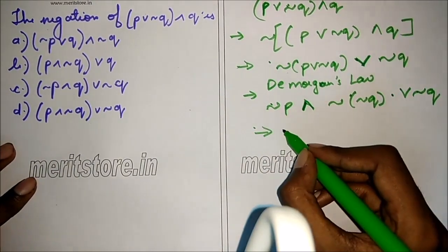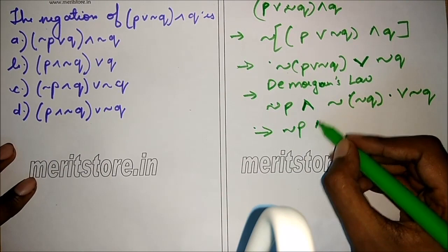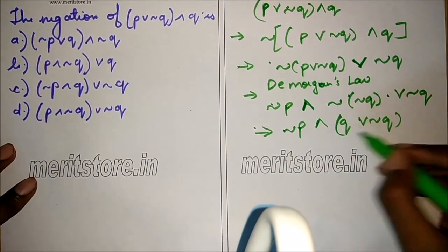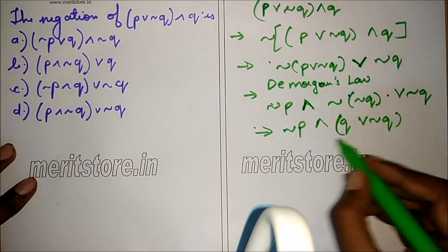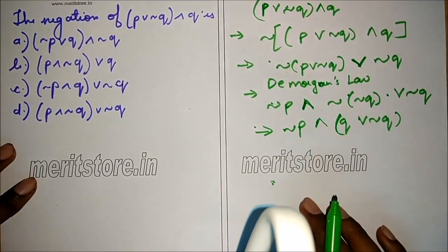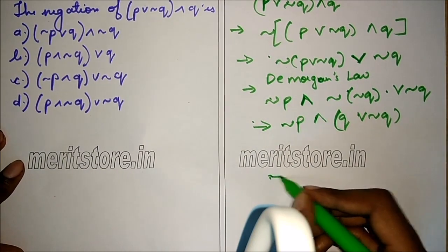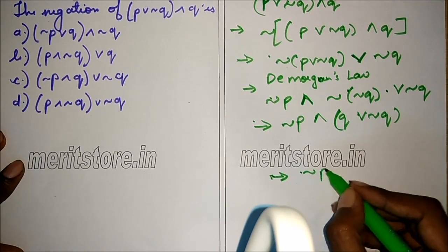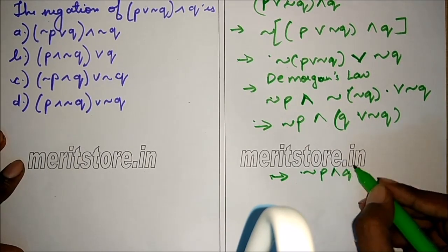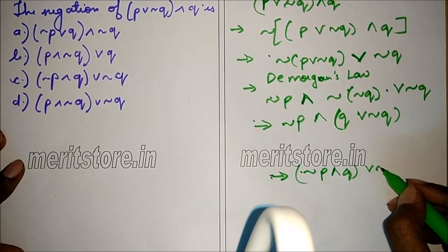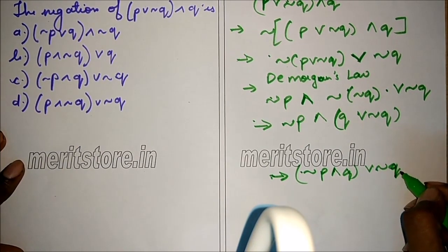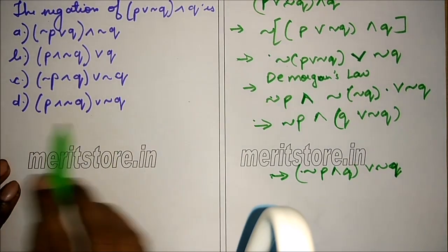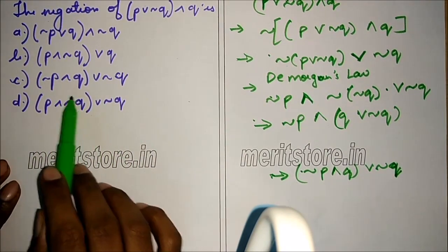So this is equal to negation of P and negation of negation Q is Q or negation Q. Again, using De Morgan's law, we can say negation of P and Q or negation Q. So, which is option C.